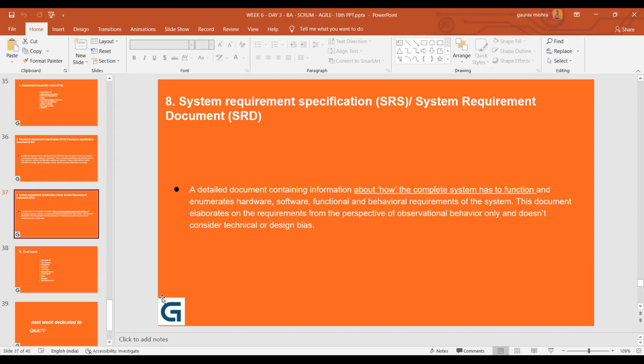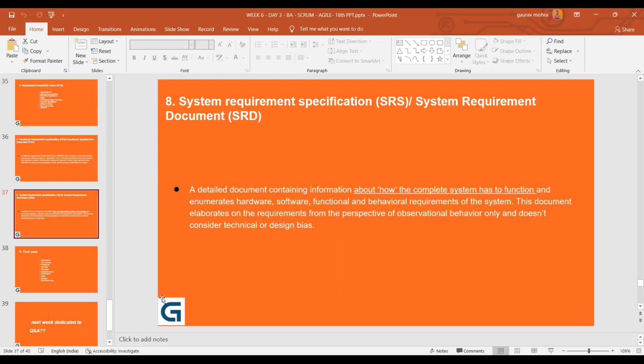System requirement specification or system requirement document: a detailed document containing information about how the complete system has to function, and enumerates hardware, software, functional, and behavioral requirements of the system. This document elaborates on the requirements from the perspective of observational behavior only and doesn't consider technical or design bias.